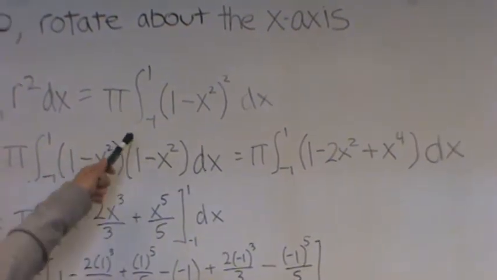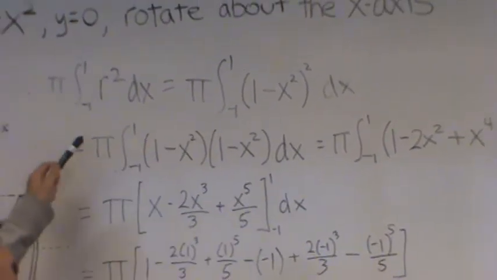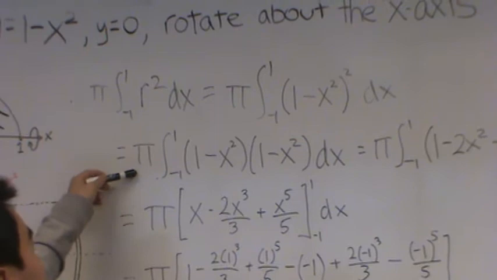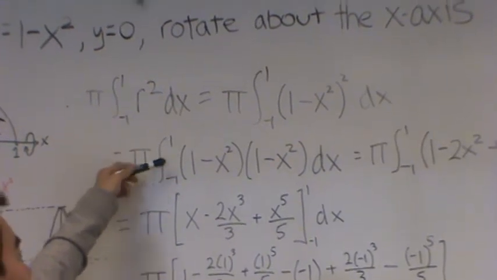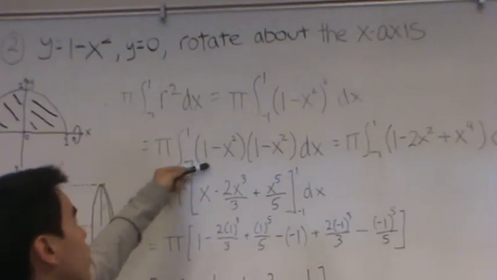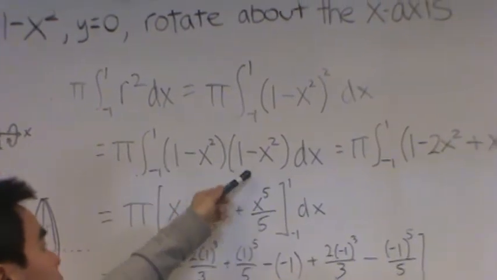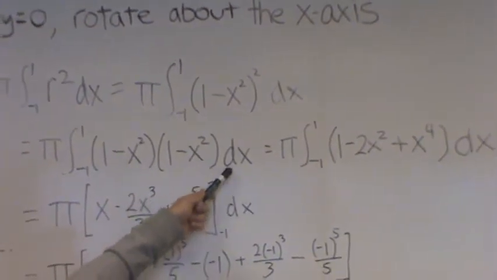From there, in order to integrate, we're going to need to expand the function. It becomes pi times the integral from -1 to 1 of (1 minus x squared) times (1 minus x squared) dx.